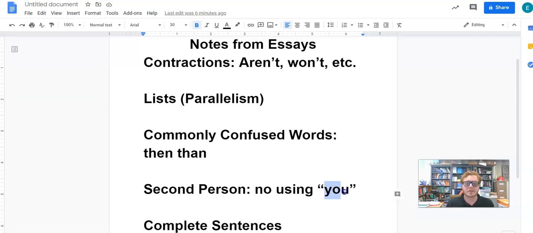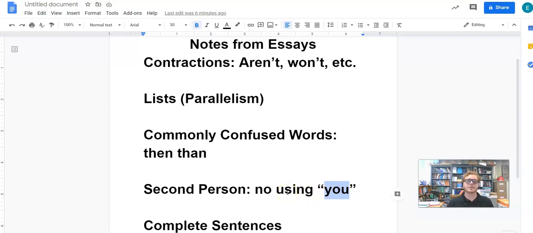But you really cannot use this word you because you don't know who the audience necessarily is. Anytime you say you, you're speaking directly to that person and you don't know who is reading it, so you don't know if they've done that or not. So you cannot use this word you. It is very informal. You cannot use it in these essays.